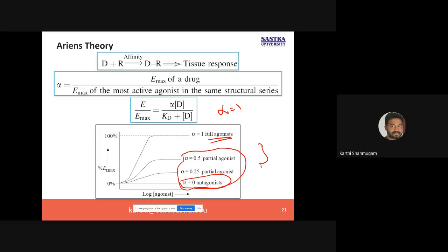Also, they cannot act like an antagonist without showing any activity. The activity will be within the range of antagonist and full agonist. Is it understandable? Yes, sir. So with this one simple term, he is now able to classify whether the molecule is acting as an agonist, antagonist, or partial agonist.